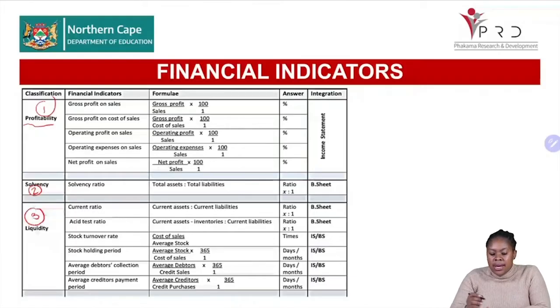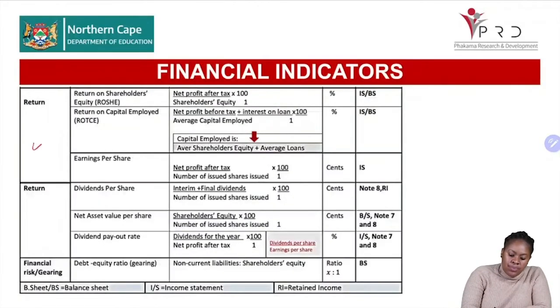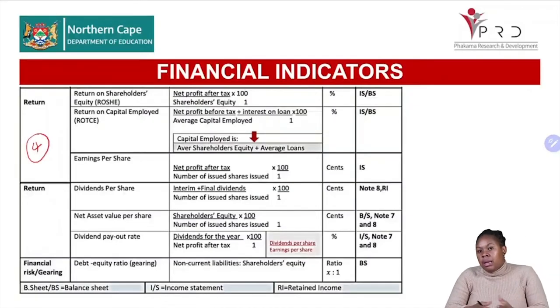And then let us go to the next one, which is the return. The return is basically what the word is actually saying, what the shareholders are going to get in return after they have invested whatever they've invested in the company. So we've got our return on shareholders' equity. Now we use this most of the time when the examiner wants to know should the shareholder be satisfied with the return, and then we compare that with our interest on other investments that we could have actually invested into.